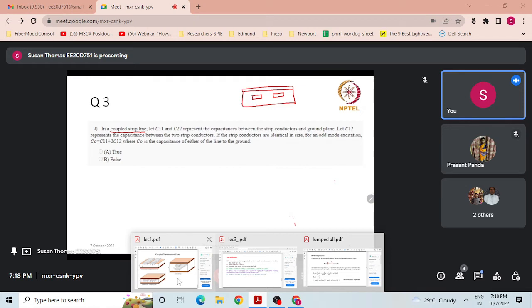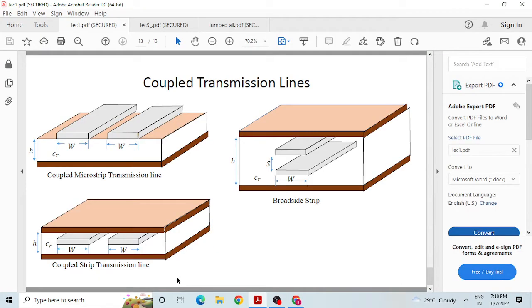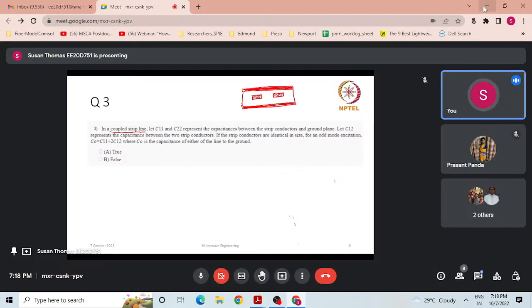Here you have one strip and this is the second strip, and here you have the ground plane. This is our coupled strip line. This is the width of the strip line, and this is the height of the dielectric, the dielectric substrate. So the question is about this coupled strip line.